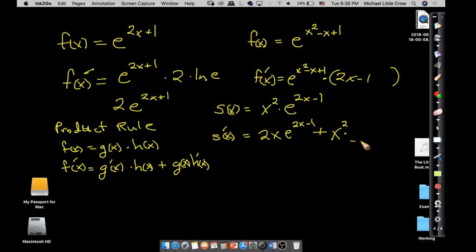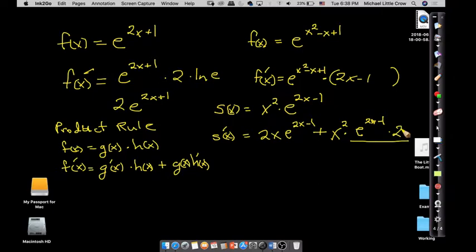That's going to go right here. There's going to be a 2 that comes down. But again, I always like to start with it being its own derivative, e to the 2x minus 1, and the derivative of the exponent is 2. So I'll do that. That's it.